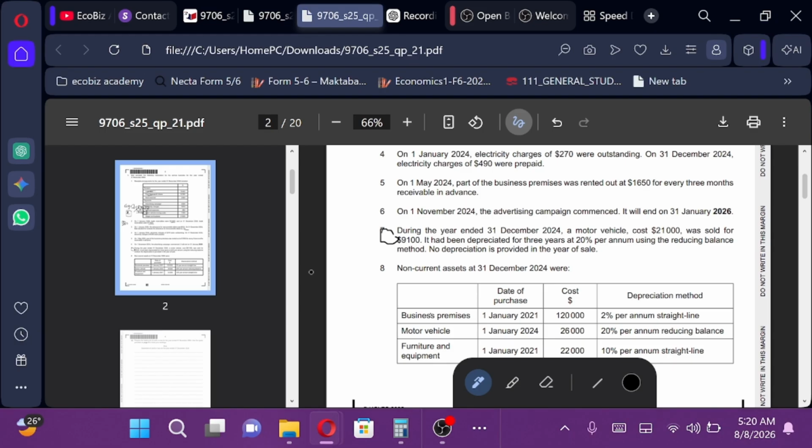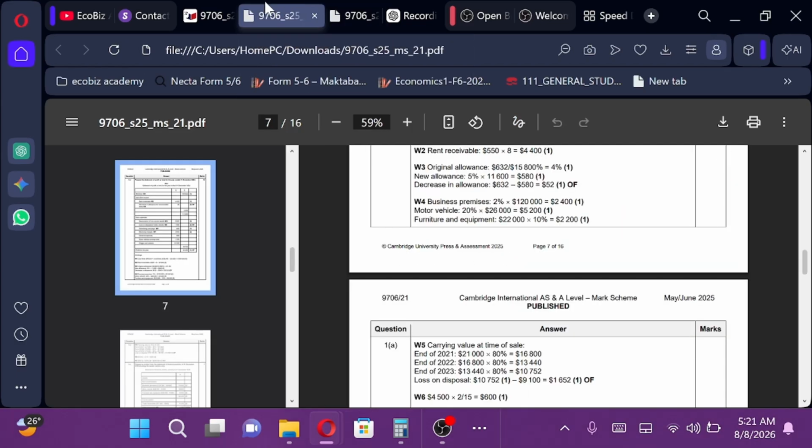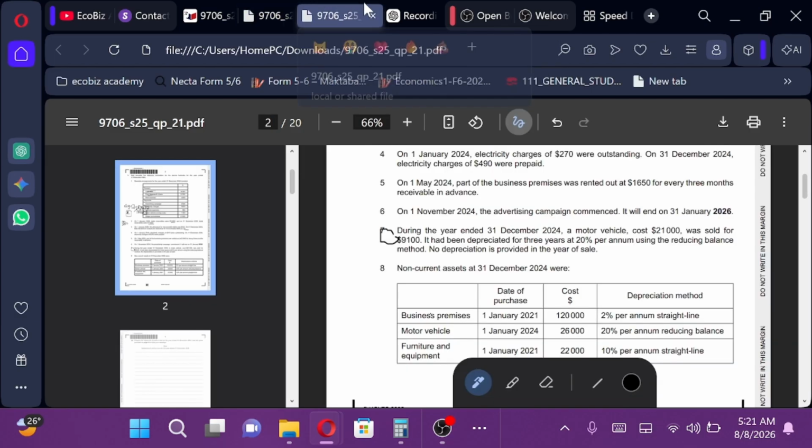So what we do, we take this amount and times it by 20%. If I'm correct, 21,000. No.